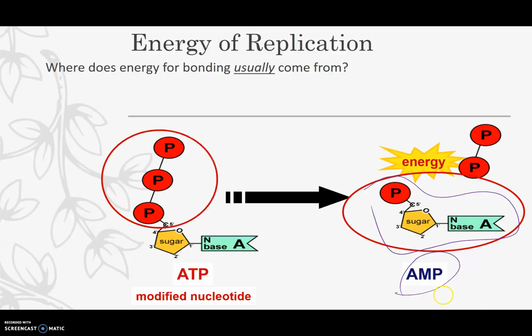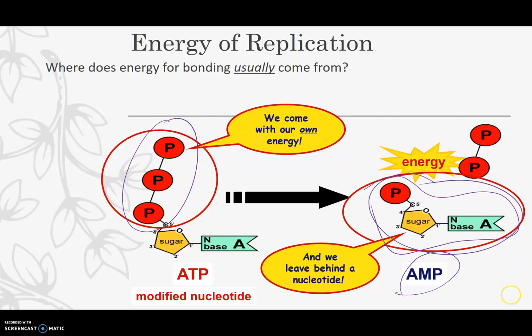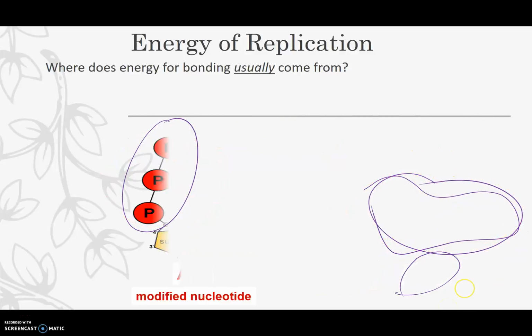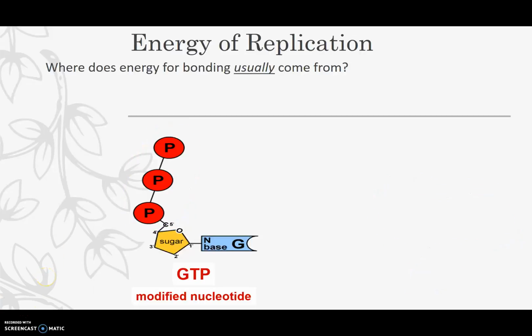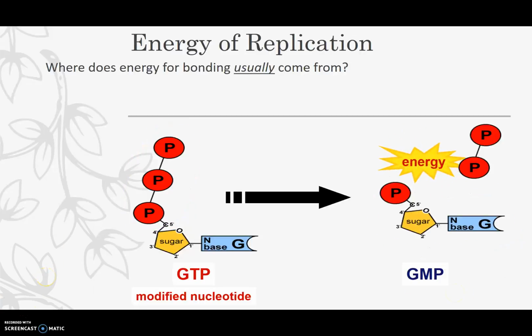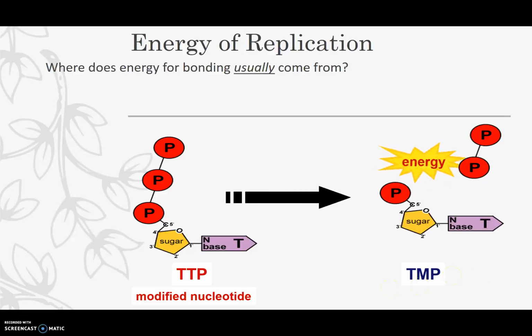Awesome. So when we look at this, the nucleosides with 3 phosphates come with their own energy, and they leave behind a nucleotide. So when we look at our GTP, it brings its own energy. You have TTP. You also have CTP.